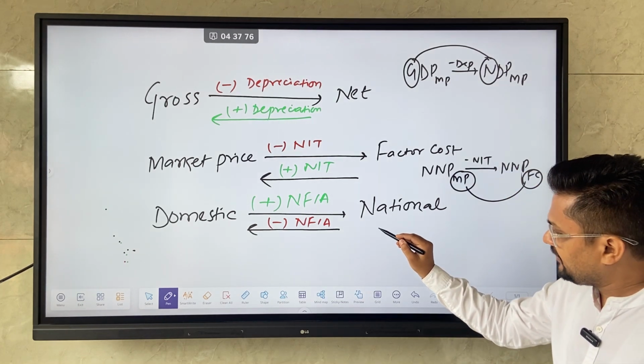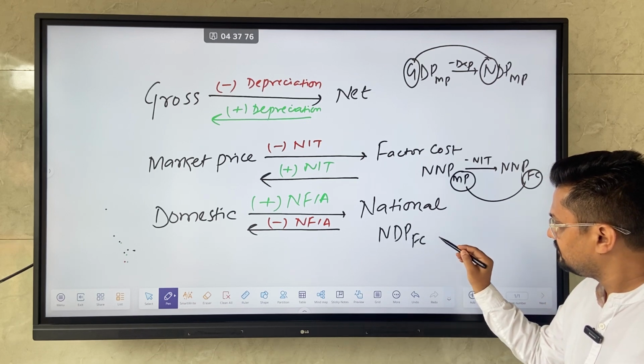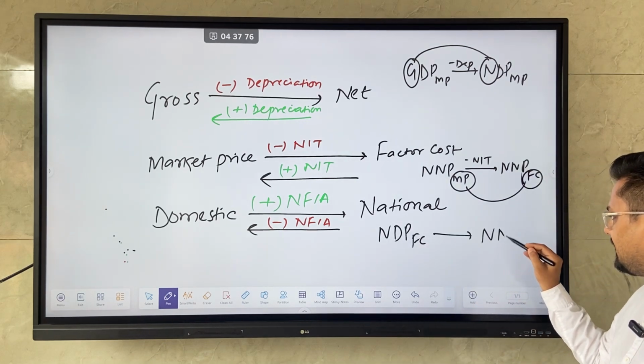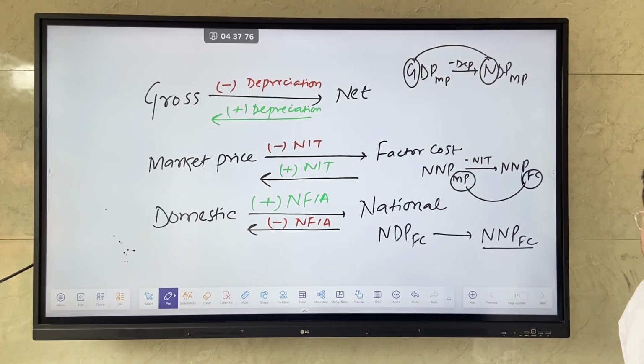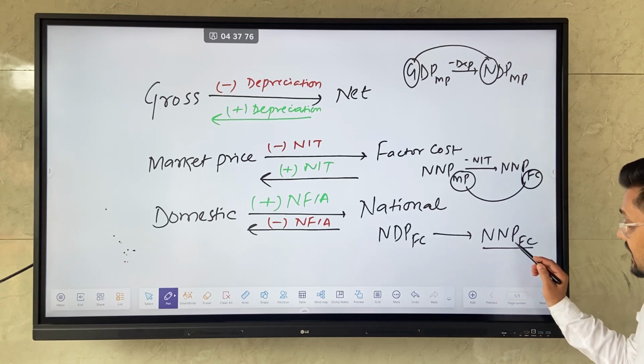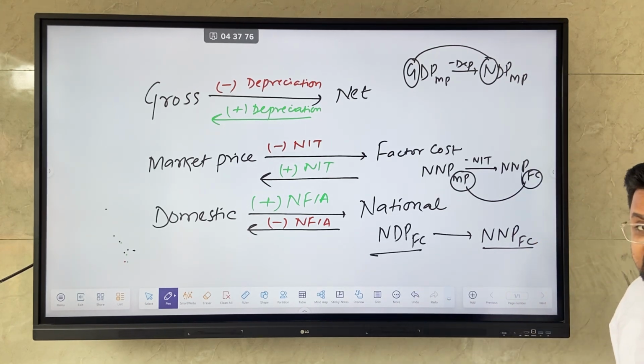Last, if we have NDP at factor cost and we want NNP at factor cost. Now remember, NNP at factor cost is the aggregate that denotes national income, and NDP at factor cost denotes domestic income.